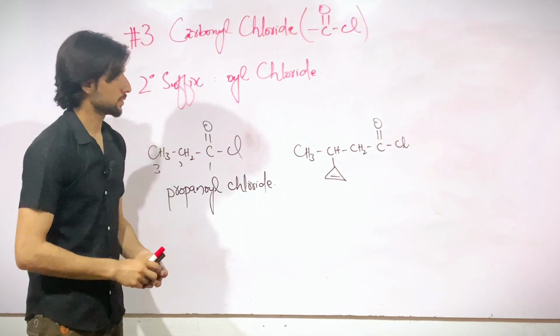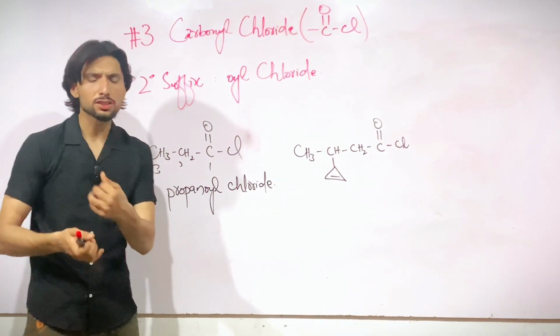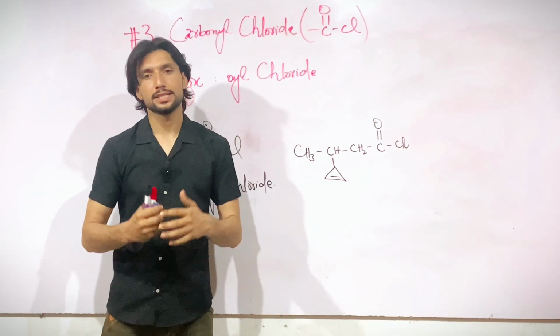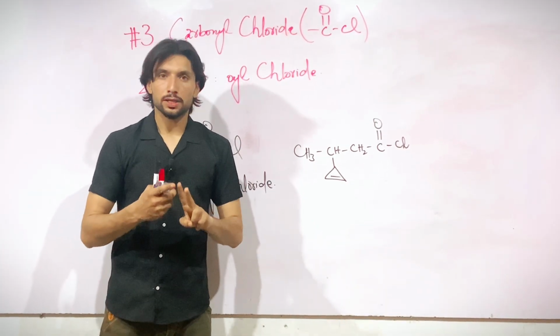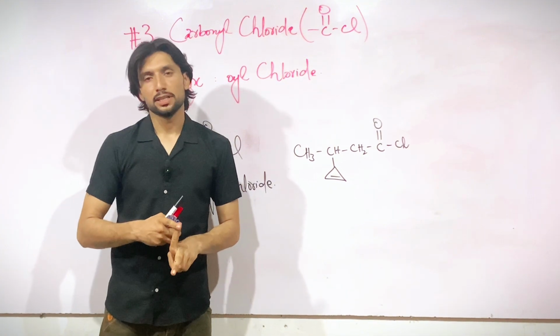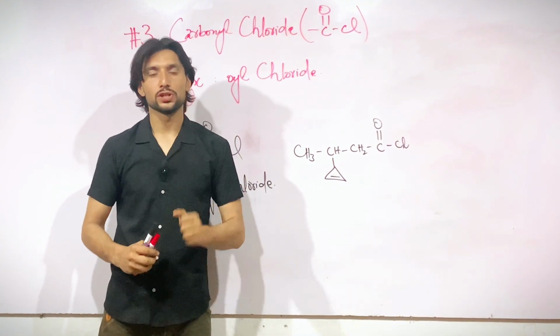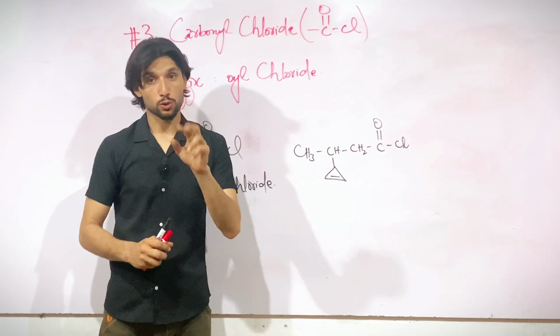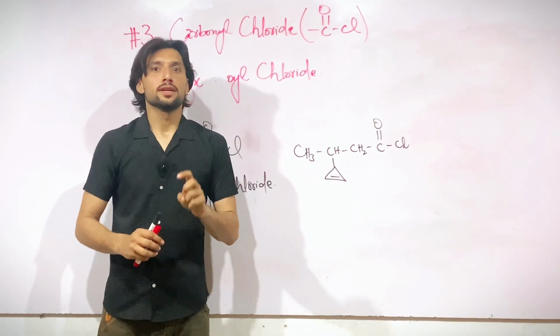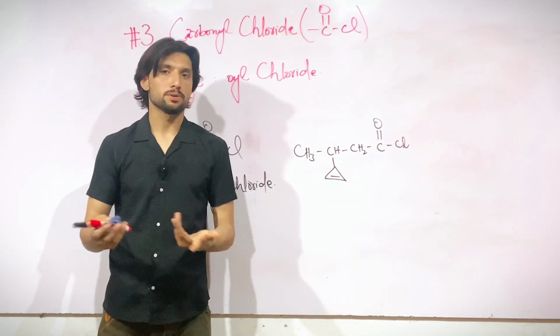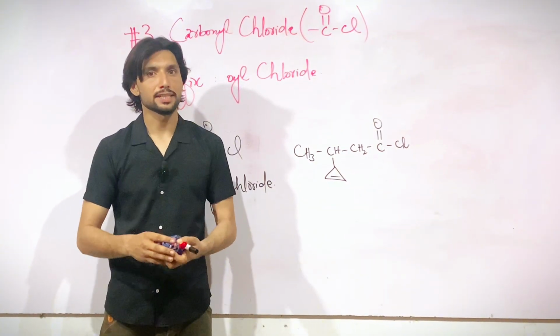Which one becomes our parent chain? So between the straight chain and the cyclic group, we said that the one containing the greater number of carbon atoms becomes our parent chain, as we discussed in the first video. In the second video we said that the one containing the double or triple bond becomes our parent chain.